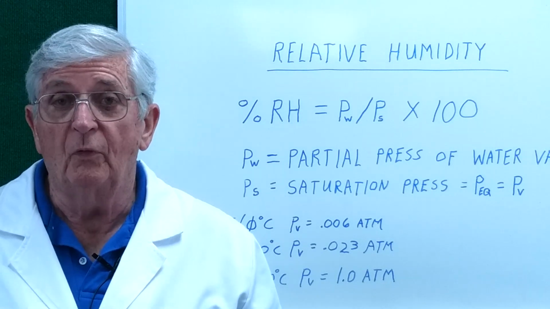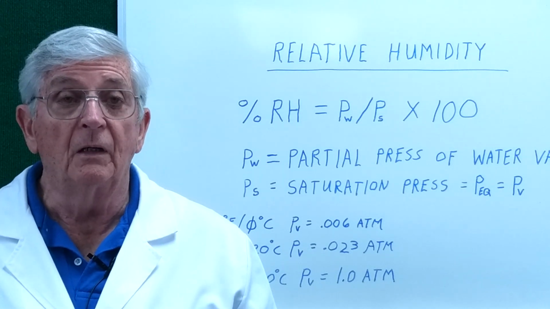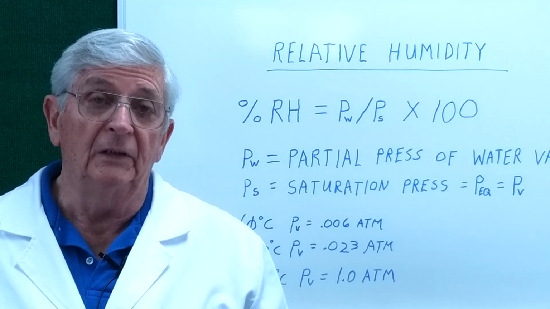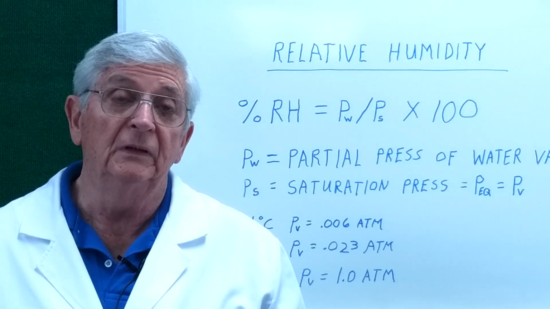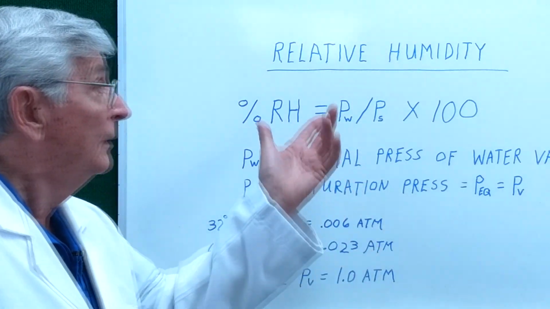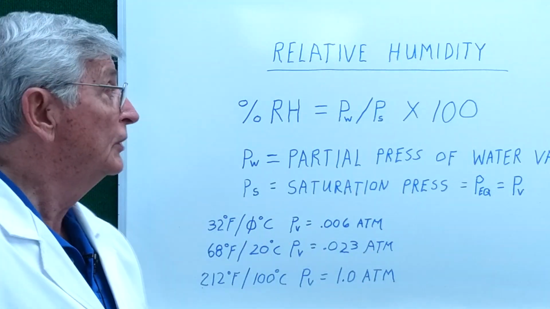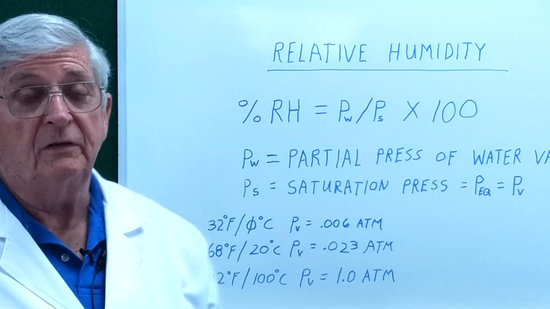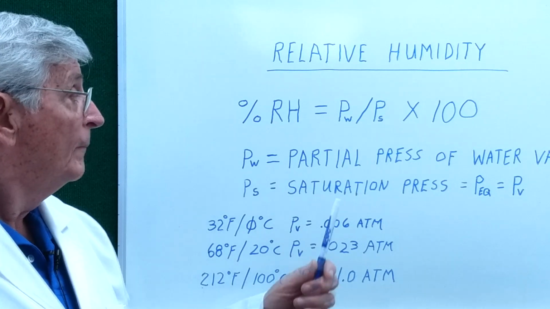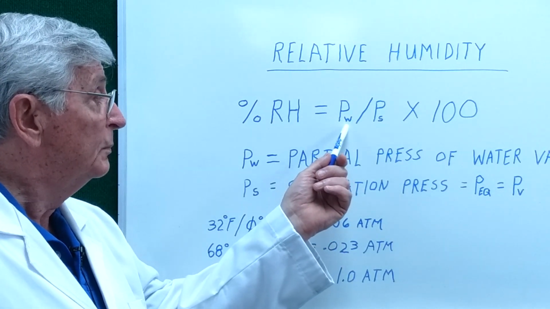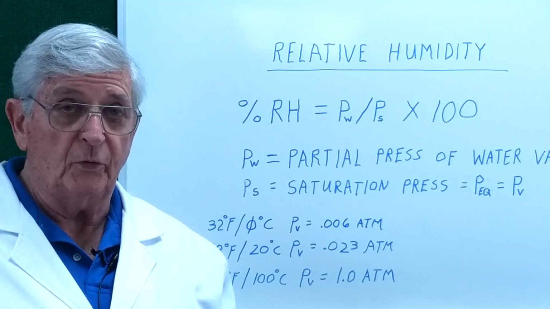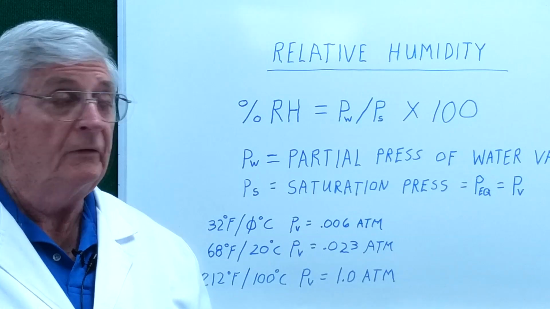Okay, I hope at this point you understand the concept of partial pressures, and I've included a link below to some more information, and it's an important subject. So here we have the definition of percent relative humidity, which is usually abbreviated RH. P sub W stands for the partial pressure of the water vapor in the air.